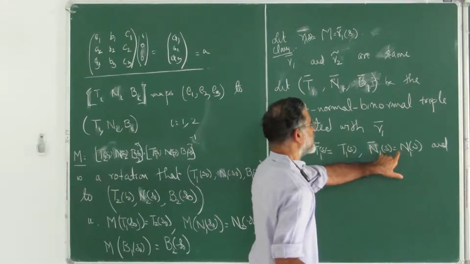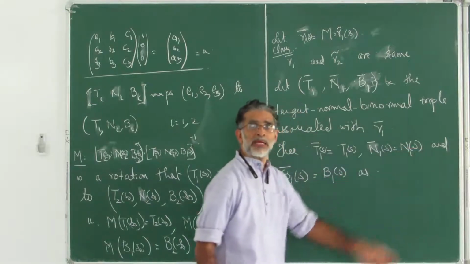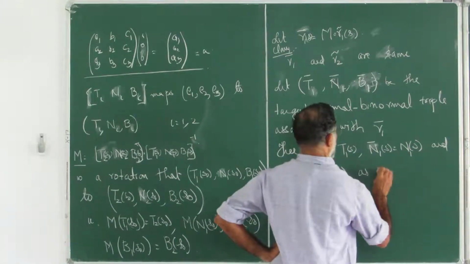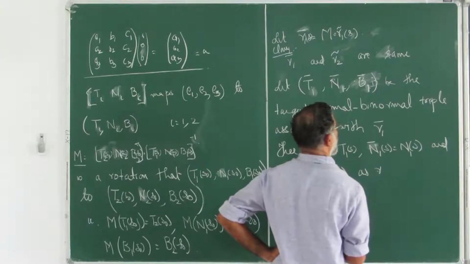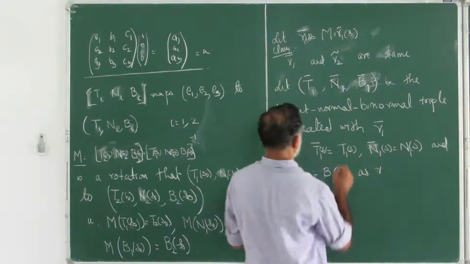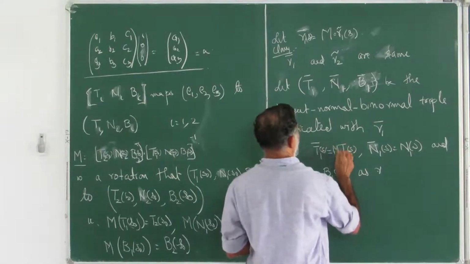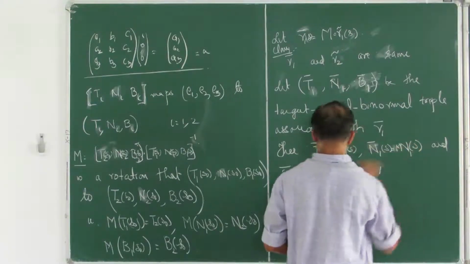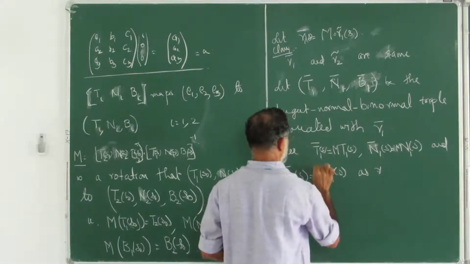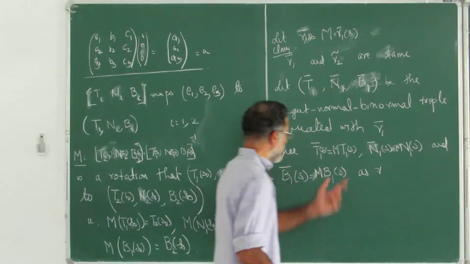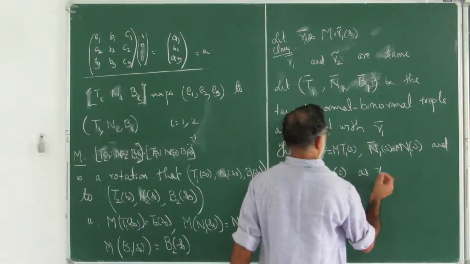I mean, M of this, sorry for the confusion, M of that, it will change, but the same linear map changes.